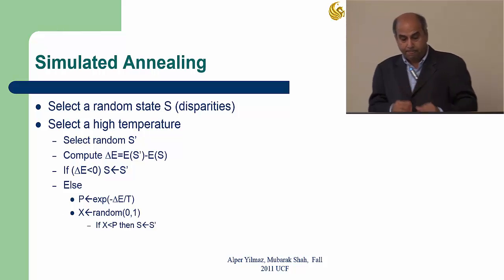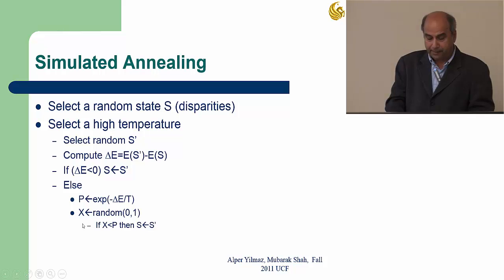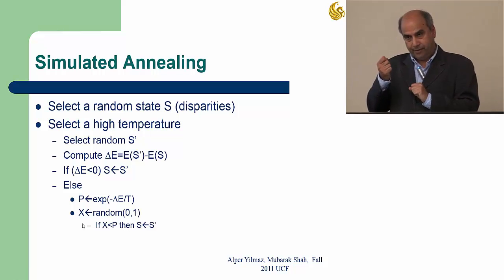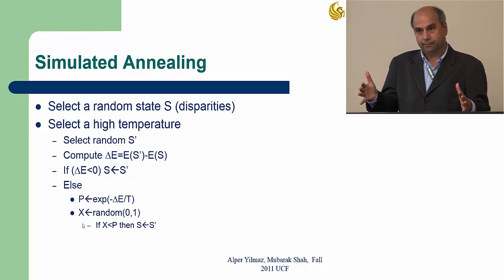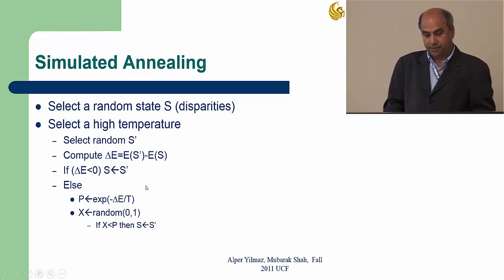If this random number X is less than P, then we will take that state. If it is not, we will not take it. So that's the algorithm. So temperature is here to compute the P.